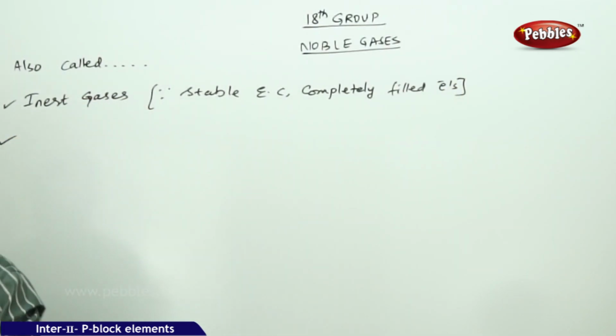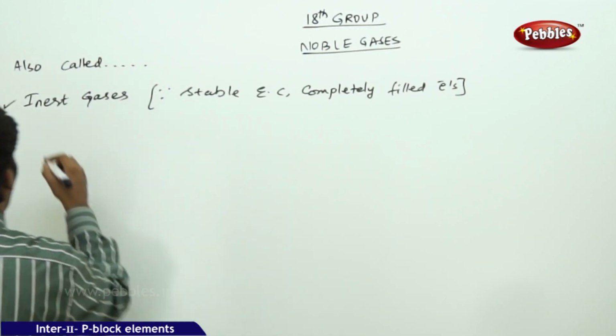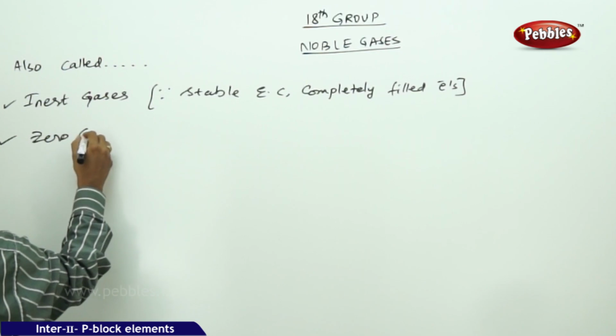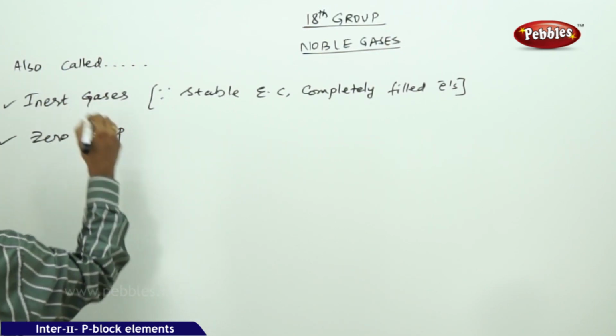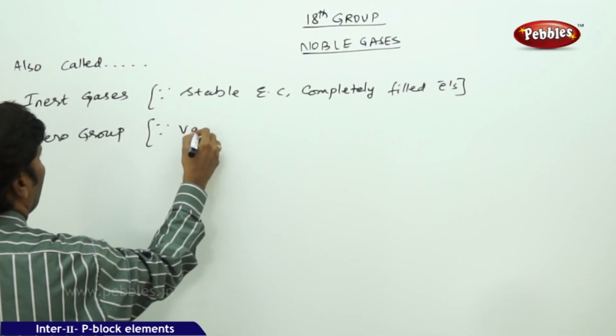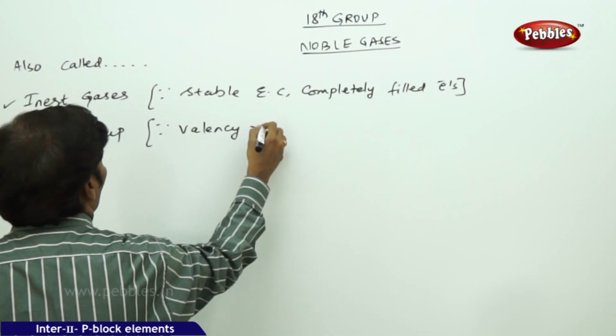These elements are also called zero group elements, because their valency is equal to 0.